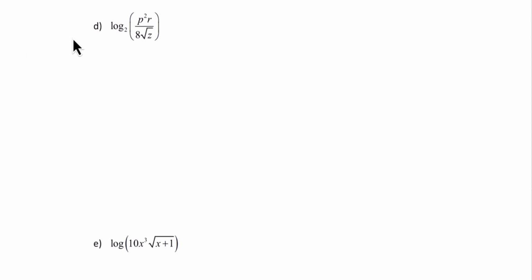In this example, we have a product in the numerator and a product in the denominator of the argument. Let's start by getting rid of that quotient. We can do that by expanding and using a difference of logs. So we have log base 2 of p squared r minus log base 2 of 8 square root z.